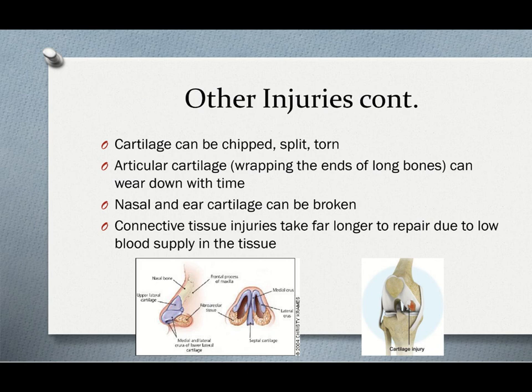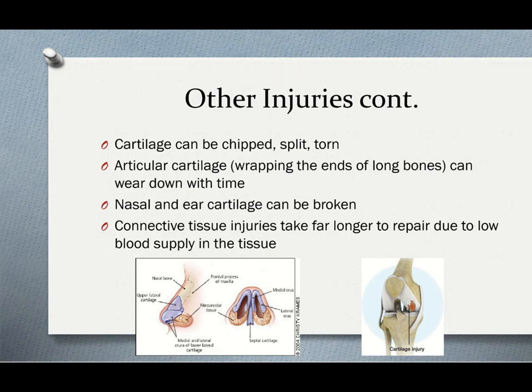So articular cartilage, which you'll remember wraps around the ends of the long bone, can easily be worn away by bones rubbing together. So knees, for example, often wear down the cartilage because the knee gets used so frequently over the course of a lifetime. There are other cartilage injuries like a broken nose or a strained or chipped ear cartilage.